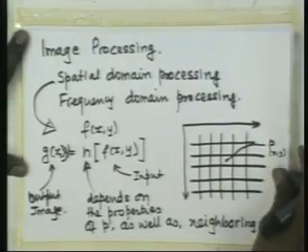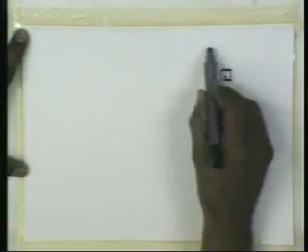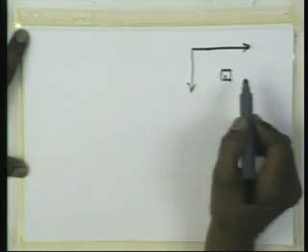So typically what is done is that you have one pixel of interest, and we have our image with other neighboring pixels around it.